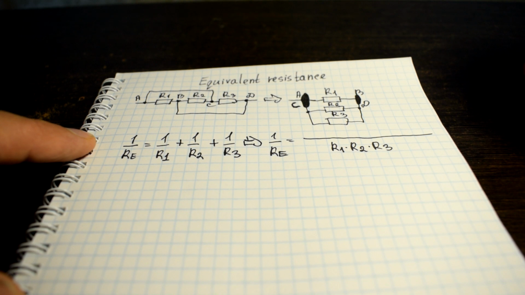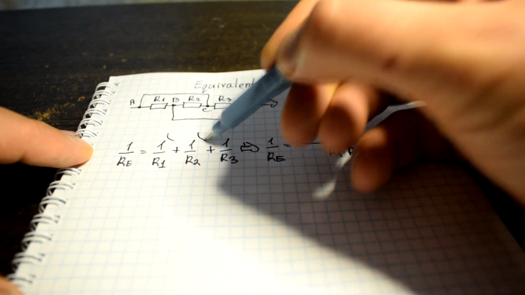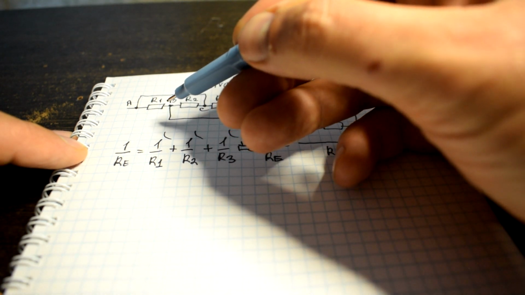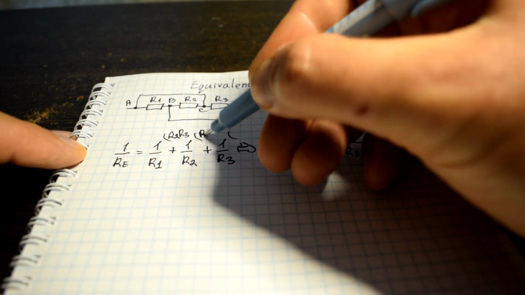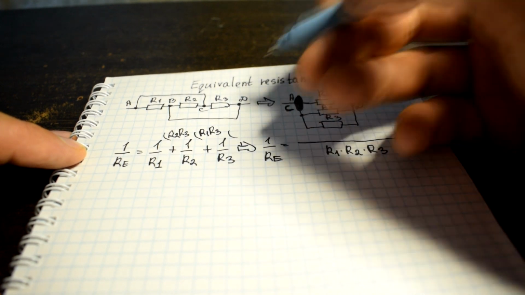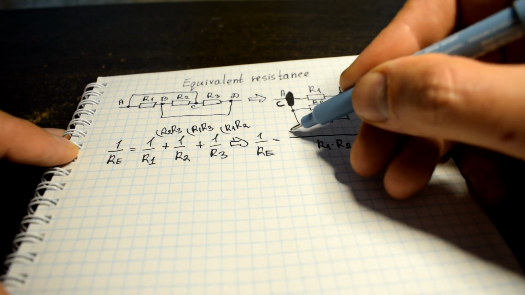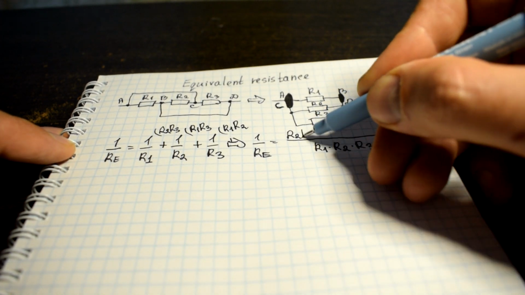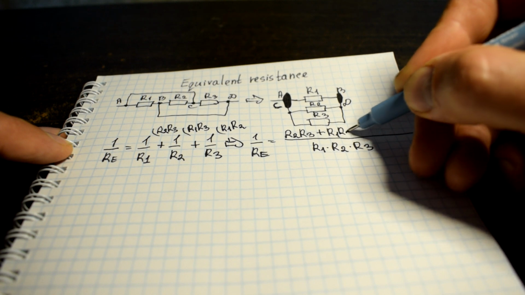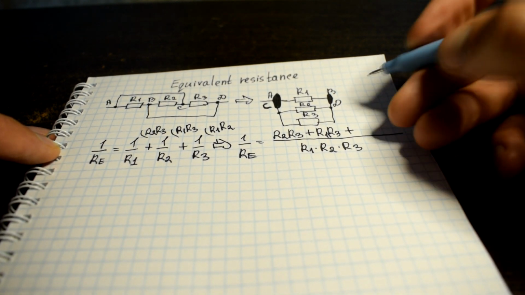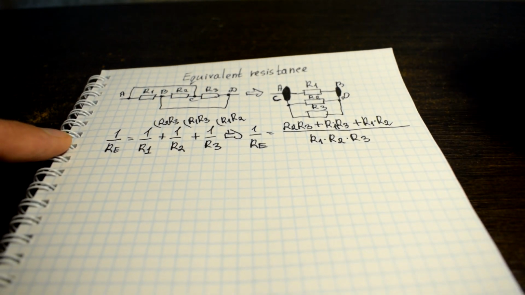And write the common multiplier for each fraction: R2, R3, and so on.